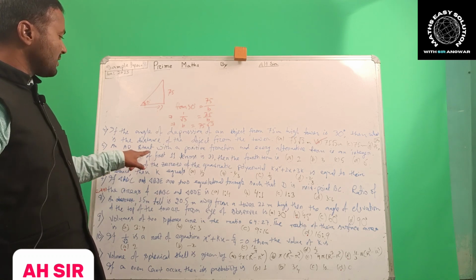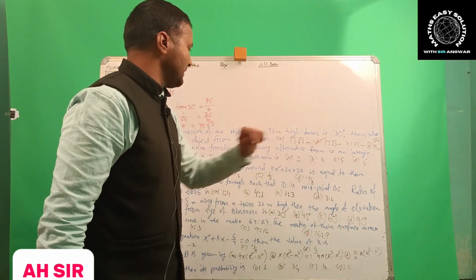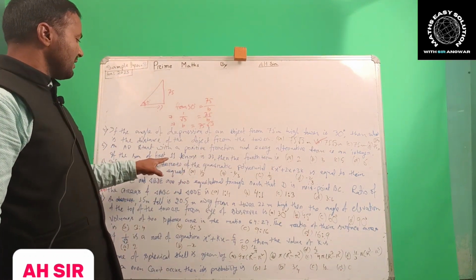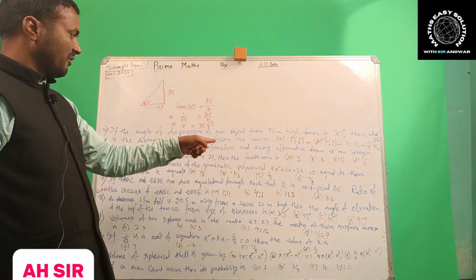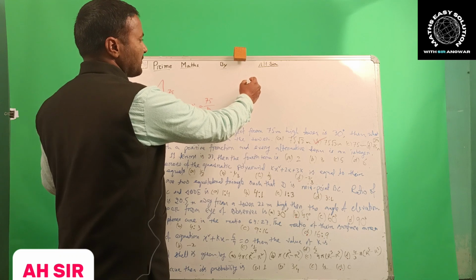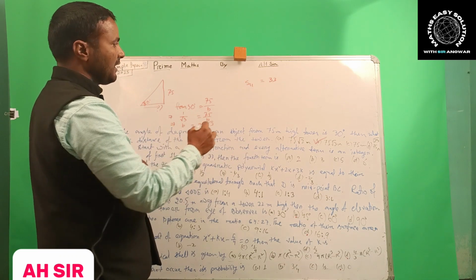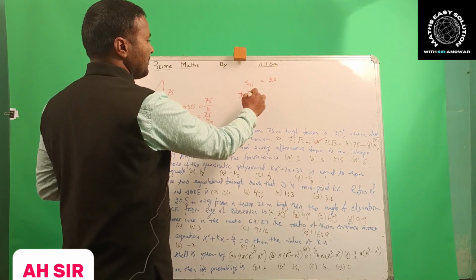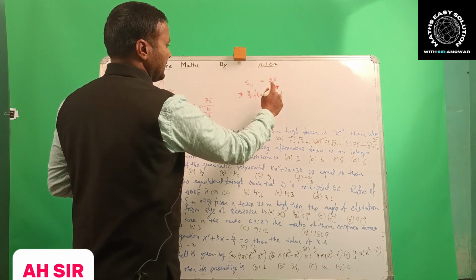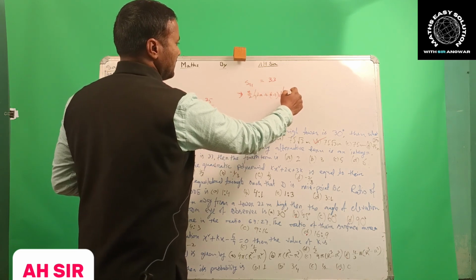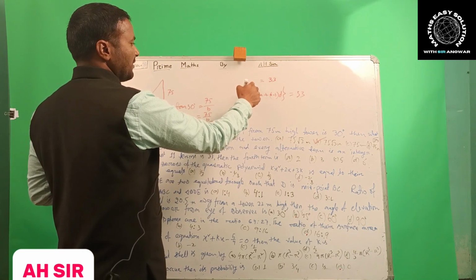Next question, you see now. An AP starts with a positive fraction and every alternate term is an integer. If the sum of the first 11 terms is 33, then the fourth term is. For this one, it's given that S11 equals 33. The formula we know is n by 2 times 2a plus n minus 1 times d. In place of n, you have to write 11 directly, because n is 11.